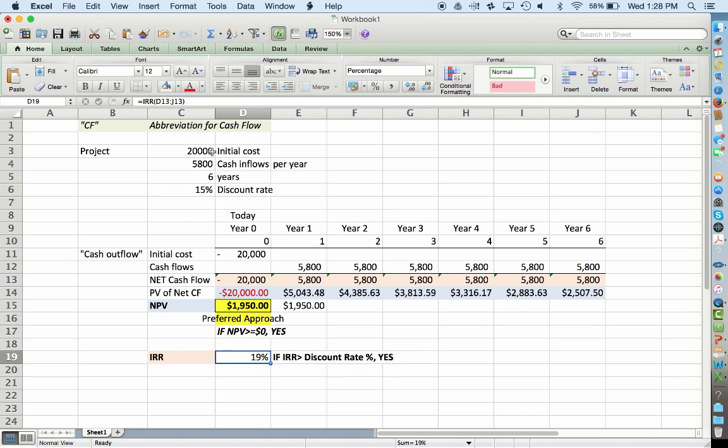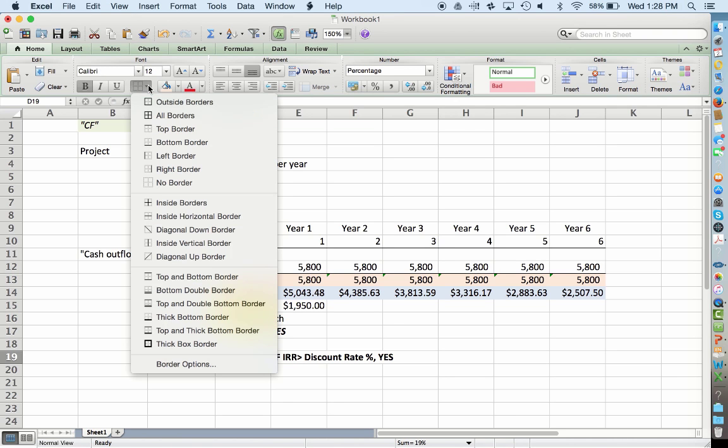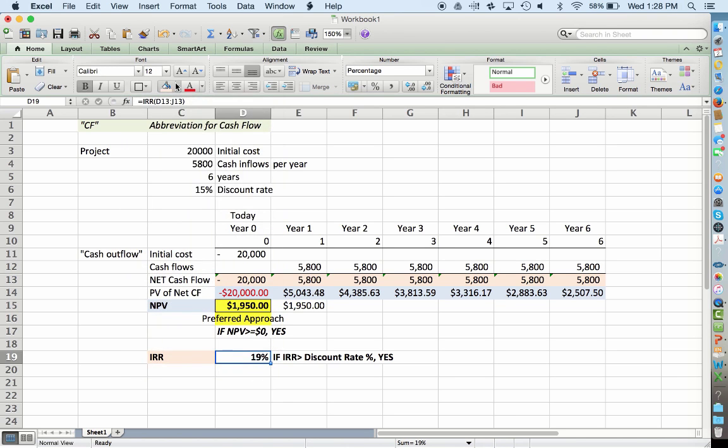And generally, if your NPV is positive, that internal rate of return is also going to be good. I mean, there's some weird things that can go on 1% of the time, but generally, if the NPV is positive, the IRR will be as well. And then the third metric that we use is payback.